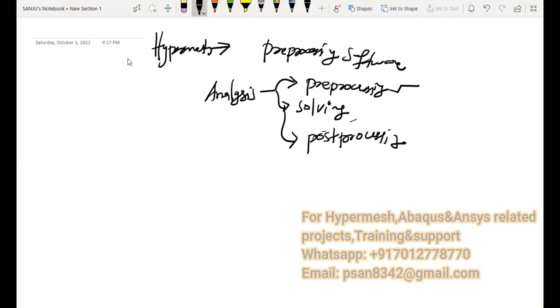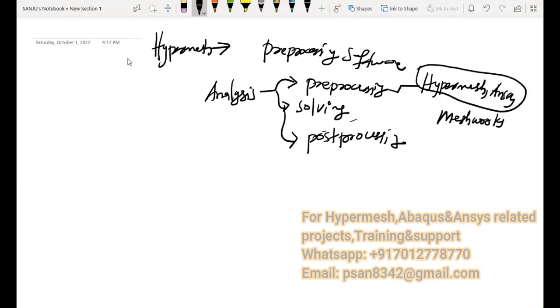For that, we are using Hypermesh here. There are some other softwares as well for pre-processing, but predominantly industries are using Hypermesh and ANSA, and some companies are using Meshworks. These are the softwares used by industries for pre-processing.